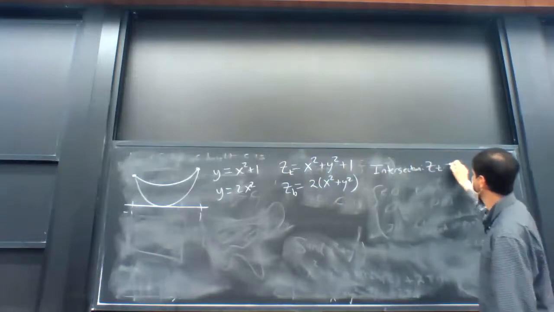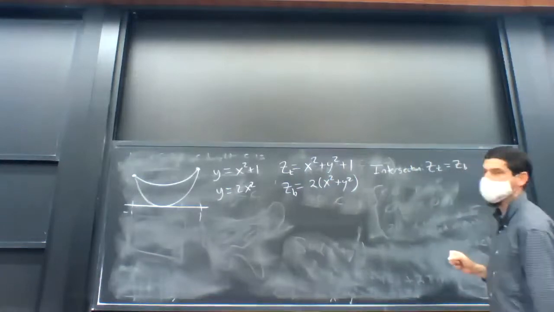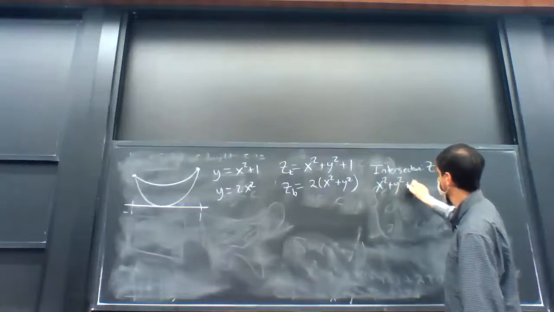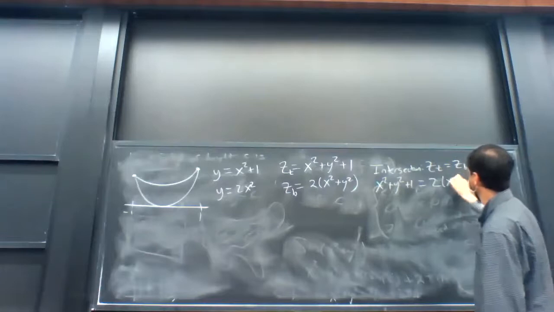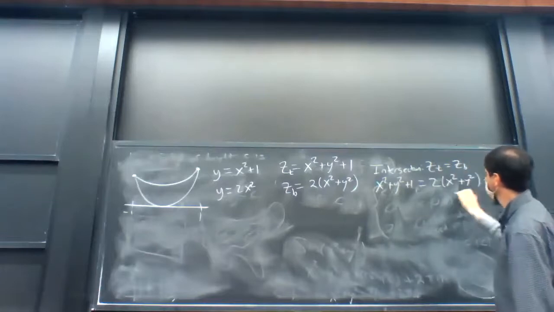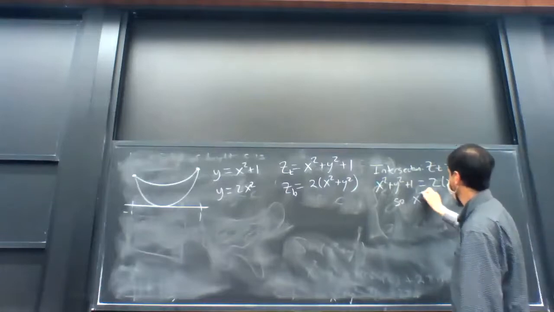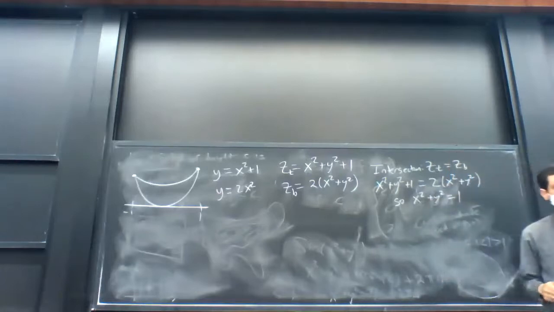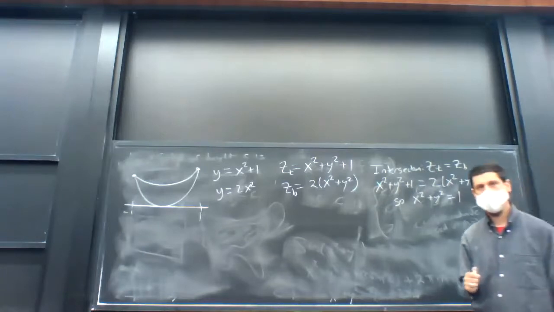So z top equals z bottom. So x squared plus y squared plus 1 is 2x squared plus y squared. So we have x squared plus y squared equals 1. So the intersection is going to be a circle of radius 1 centered at the origin.